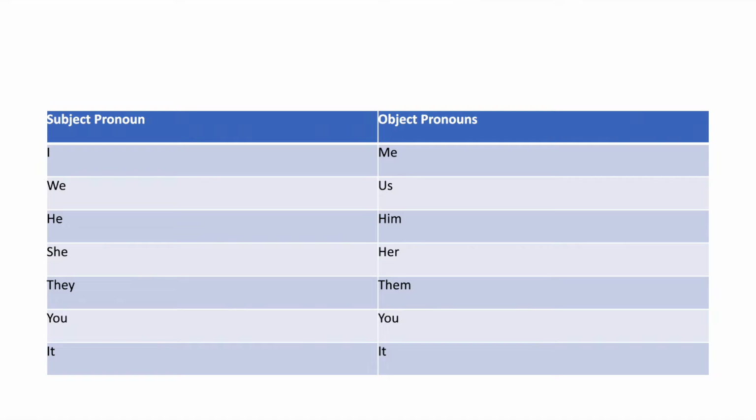It is the subject pronoun and also the object pronoun. So that means there's no change in you and it. You and it remain the same. There is no change. So now let's try to use this in a quiz.